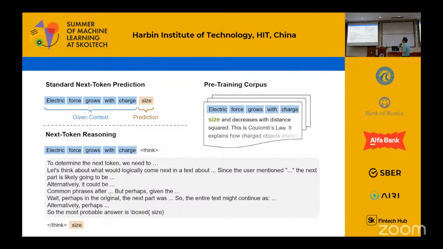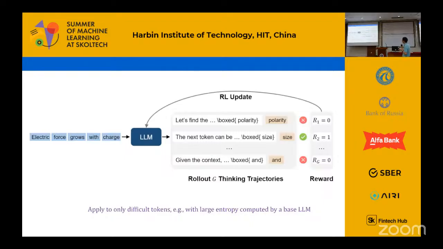Instead, we want to ensure that we really understand why the next token is this one but not others. The basic idea is very simple. Given the LLM, we can generate multiple reasoning paths, and for each reasoning path we have a reward. We have the predicted token, and then we can check which one is correct. This is also in an unsupervised manner.